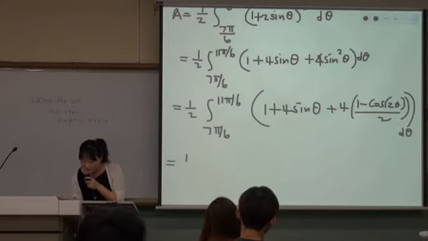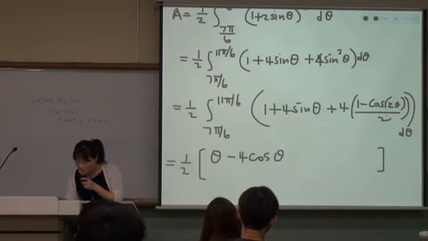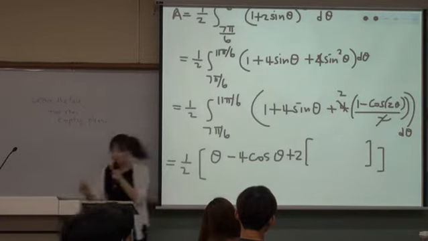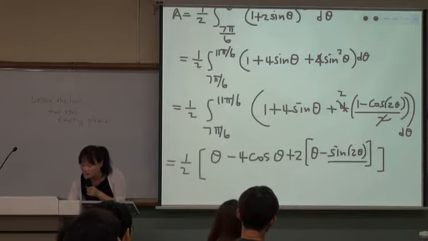So let me write the antiderivative and I'll leave everything else to you. Theta minus 4 cosine theta, and this is 2. So plus 2, fill in the blank, antiderivative of 1 minus cosine 2 theta. Theta minus sine 2 theta over 2.